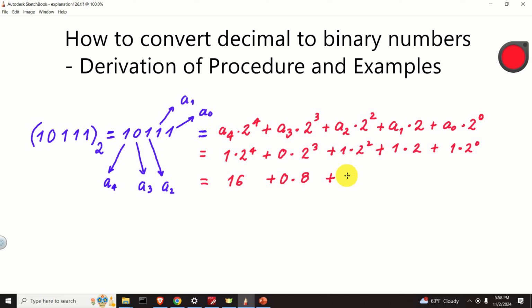Over here we will have 4. Over here we will have 2. And over here we will have simply 1. If we compute this, we will obtain 16 plus 4 is 20, plus 2 is 22, and plus 1 is 23. Consequently, the decimal representation of our binary number is given over here.